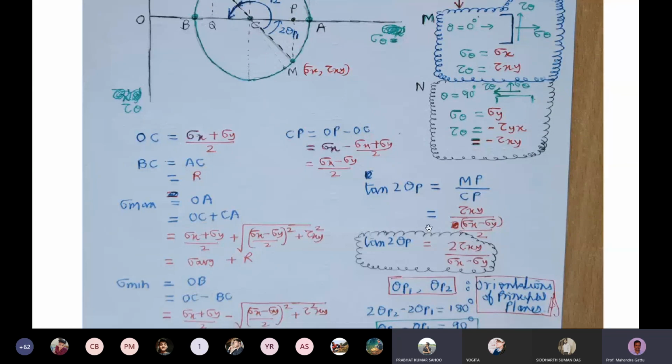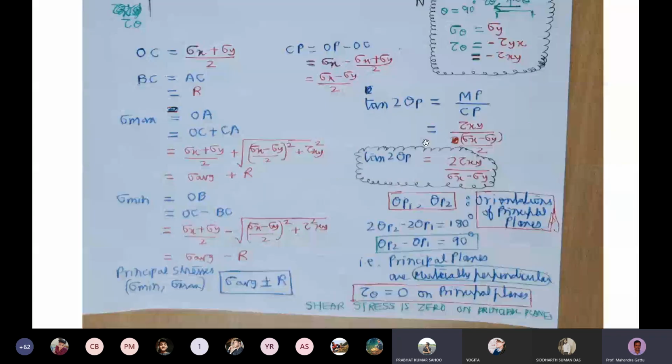What is the physical meaning of this? If you solve this equation, you will get two values, 2 theta p1 and 2 theta p2, and from there you get theta p1 and theta p2. These theta p1 and theta p2 are the orientations of the principal planes.